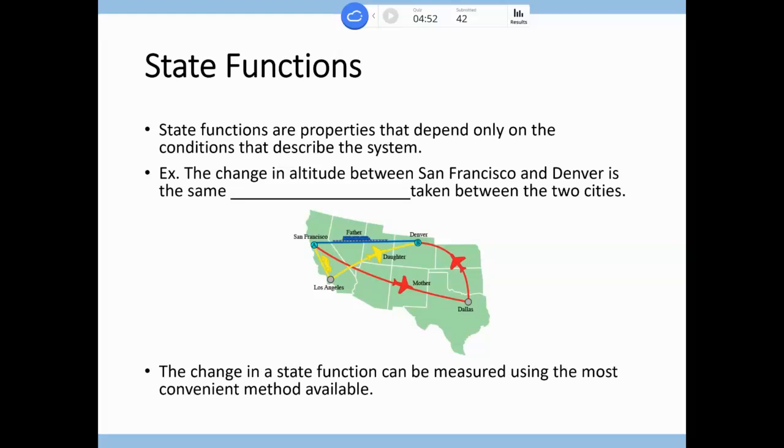So if you're trying to find the change in altitude between San Francisco and Denver, you could take the mother's route and see the change in altitude between San Francisco and Dallas, and then between Dallas and Denver. Or you could take the daughter's route, but really the most convenient method is to see the change in altitude from the father's starting position to the very end. And it doesn't matter, that would be the change in altitude for all 3 people. So the change in altitude between San Francisco and Denver is the same no matter the path.